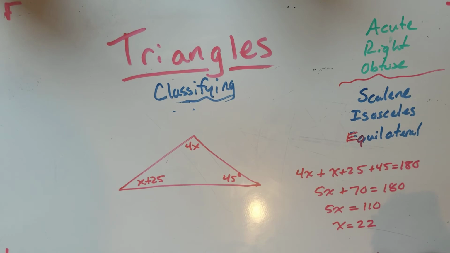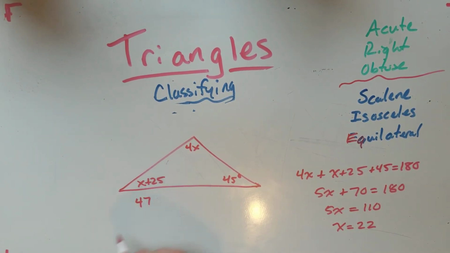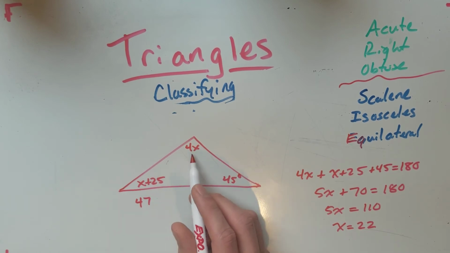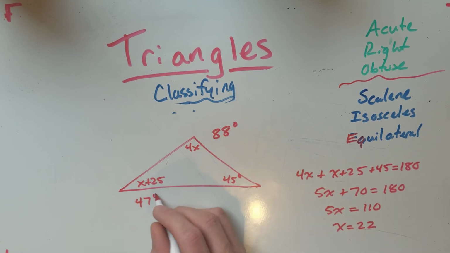So x is 22. So let's substitute back in and find out some angle measurements. So if x is 22, then over here we get 47. 22 plus 25 is 47. And when you substitute over here, you should get 88 degrees.